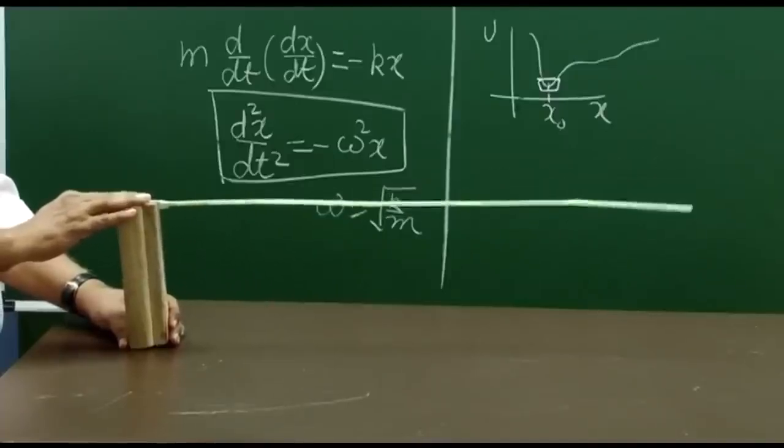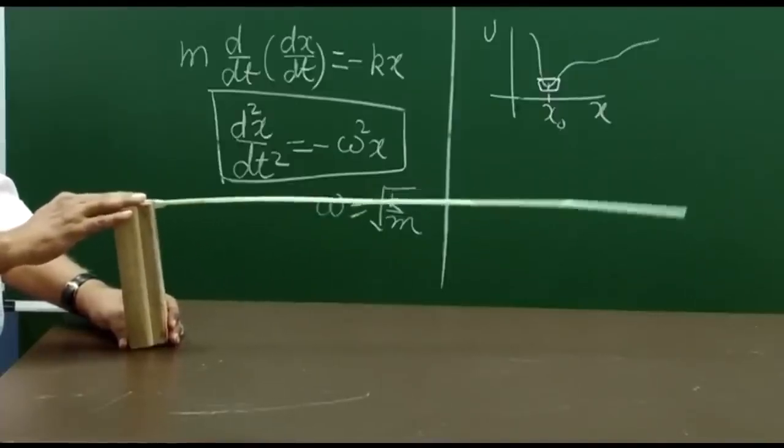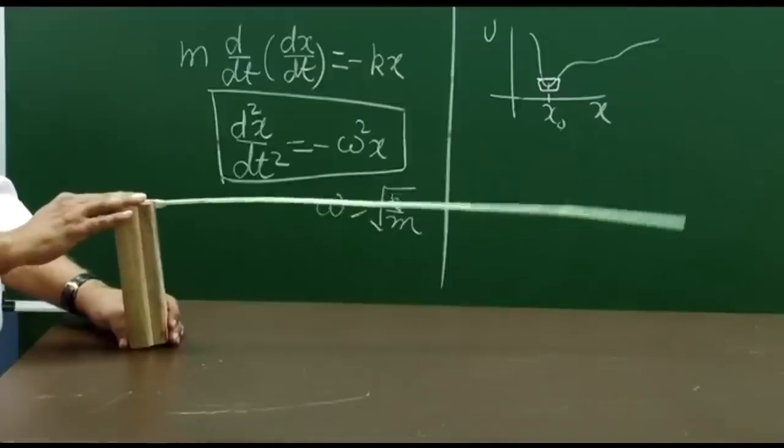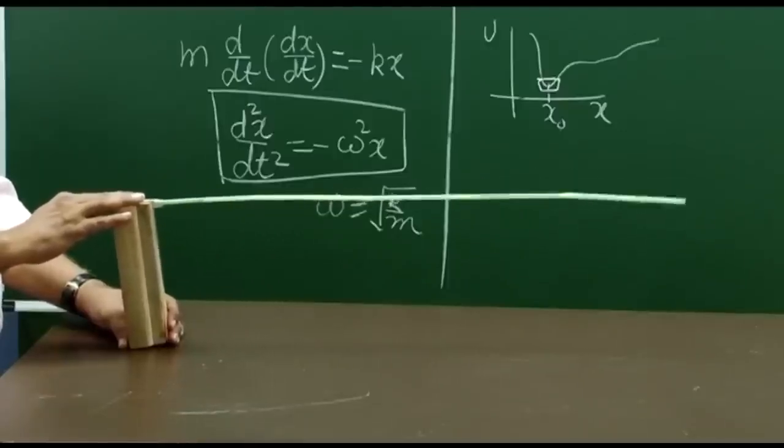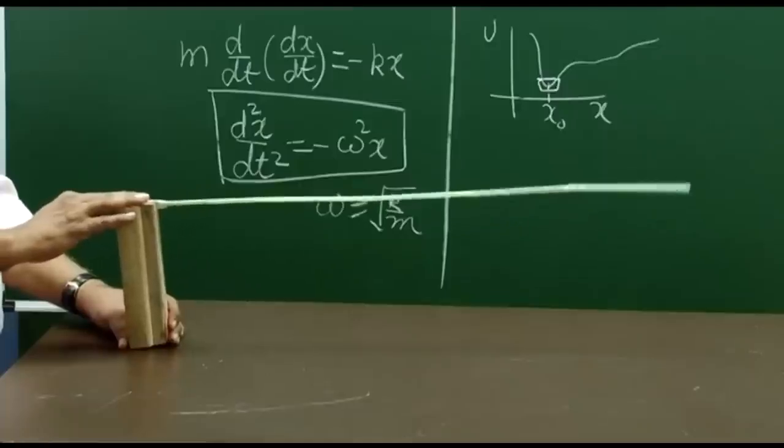If I increase my frequency, although I am moving my fingers with a larger amplitude, the frequency is also large, and you see the amplitude of the oscillation of the straw tip is much lower.